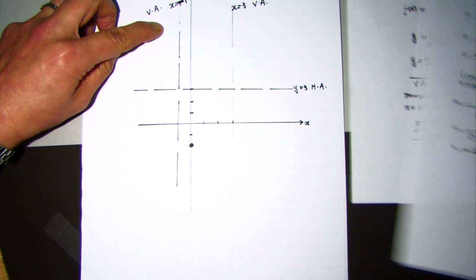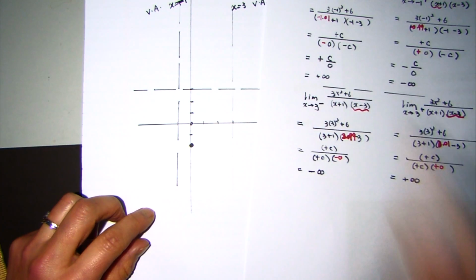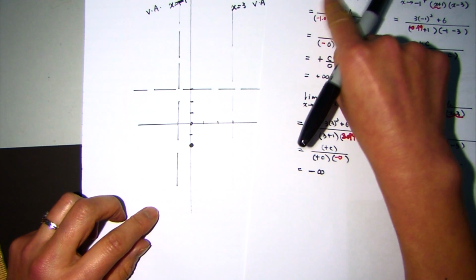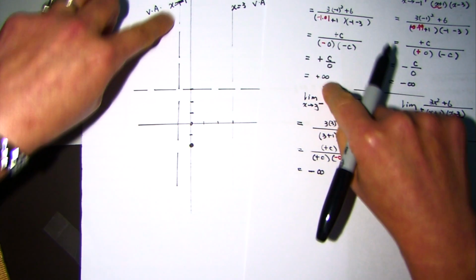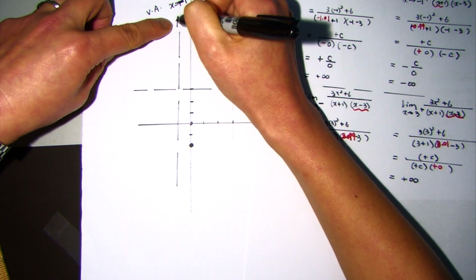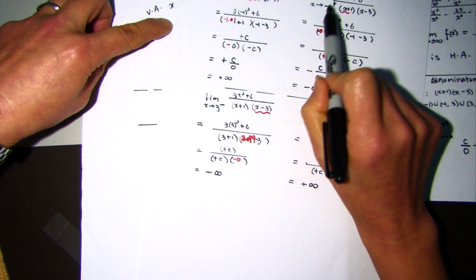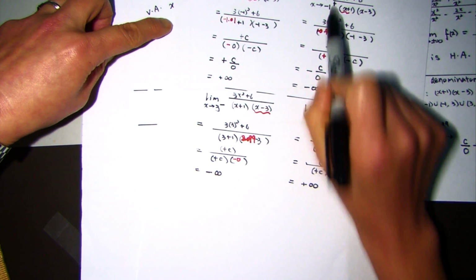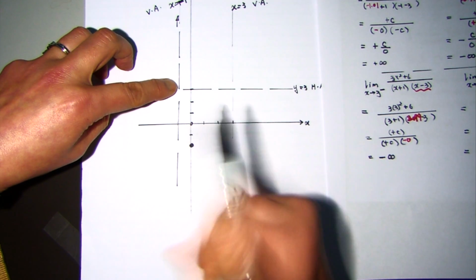Okay. All right. So when I come to -1 from the left-hand side, the graph goes way up. When I come to -1 from my right-hand side, the graph goes way down.